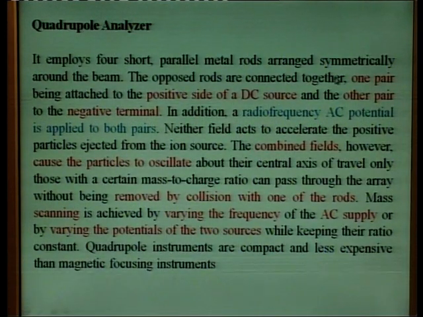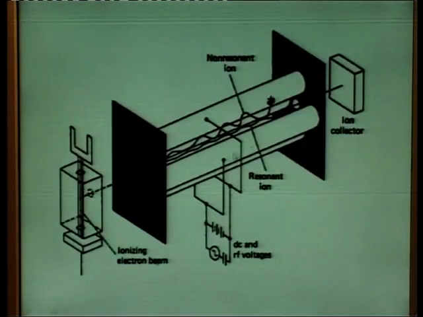One pair of the rods is given the positive side of the DC source and the other pair is given the negative terminal, and they are also fed the radio frequency AC potential to both the pairs. The combined fields cause the ions to oscillate while moving; they do not accelerate.